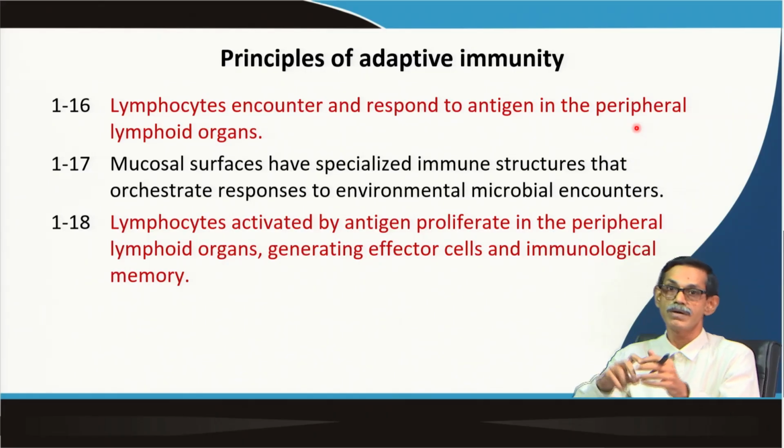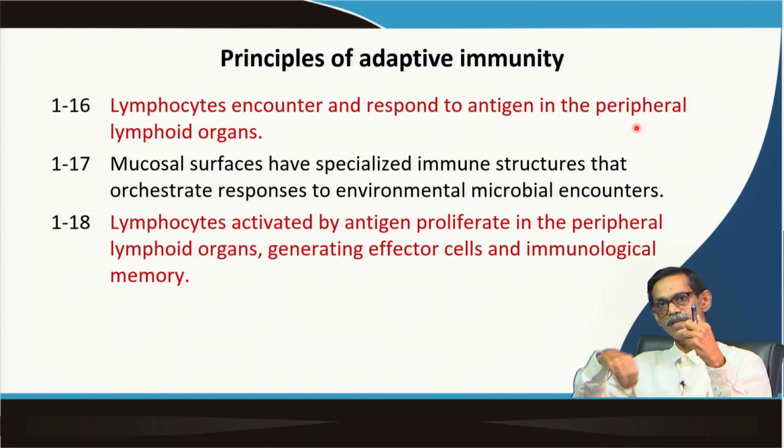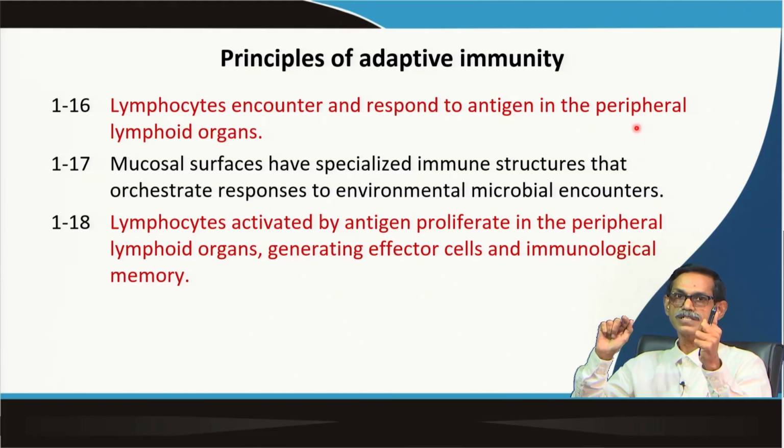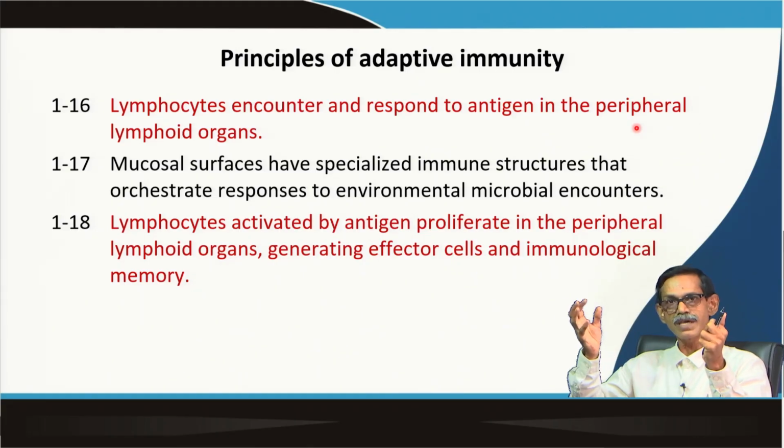Mucosal surfaces. The lymph nodes are present inside different parts of the body, but there are a lot of mucosal regions in our body like the mouth, nasal passage, intestine or the alimentary canal. The mucosal surface also has a specialized immune structure that orchestrates response to environmental microbe interaction, because we are eating many things, fruits, and sometimes even the water is not clean enough or pathogen free.